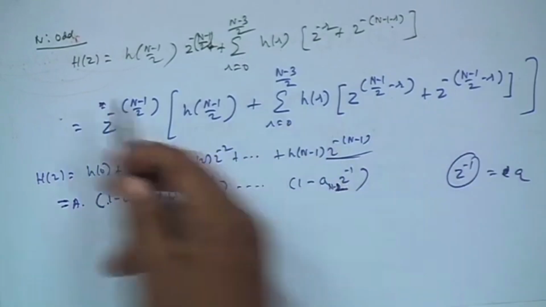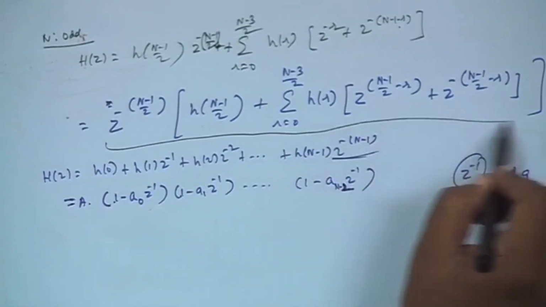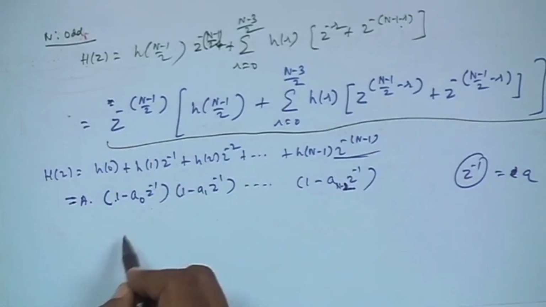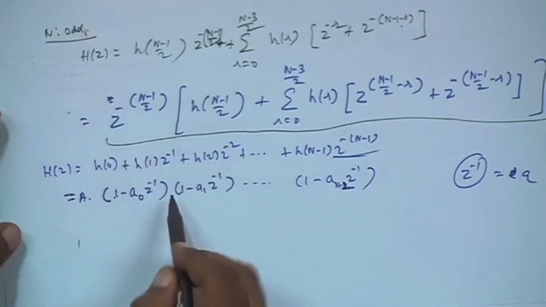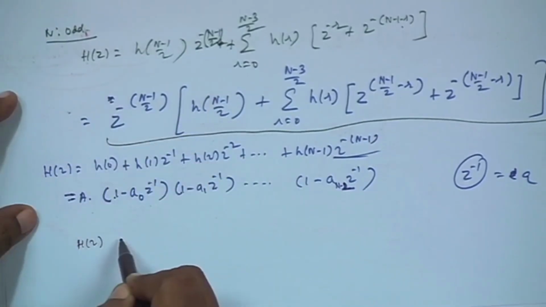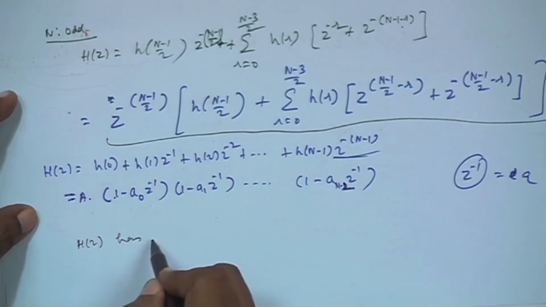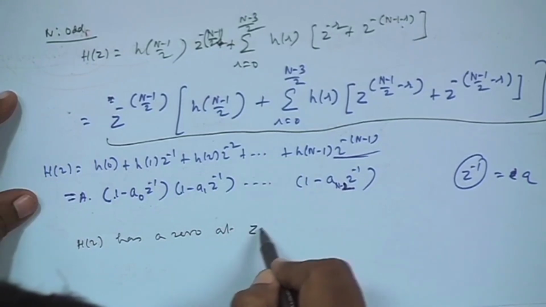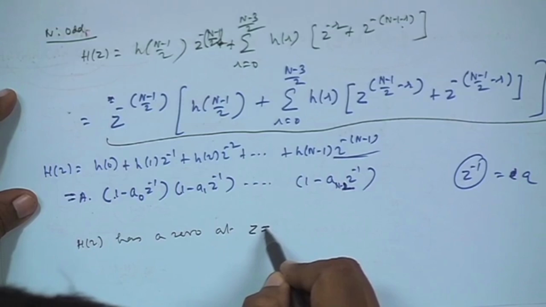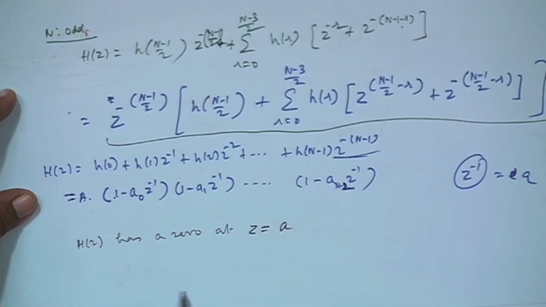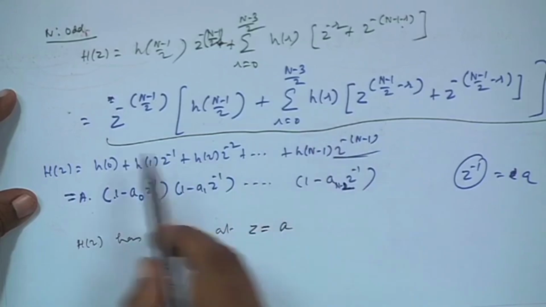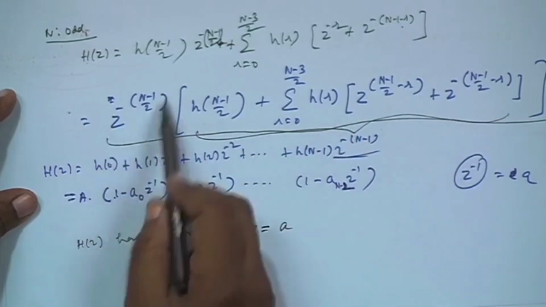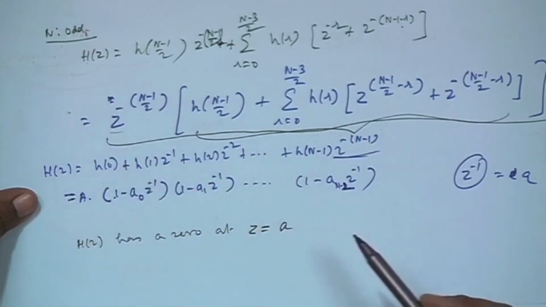Now, in this case, for this filter, this is my z transform H(z), I am writing like this. Suppose this special H(z), not this general case, has a 0 at, suppose, z equal to say a. That means, if I put a here and a here, obviously this factor will become 0, this cannot be 0. Okay.